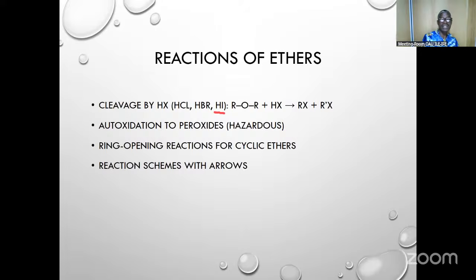So in the presence of hydrogen halide, ether is cleaved, and it will give you 2 alkyl halides, and you can see it here, depending on the R groups.